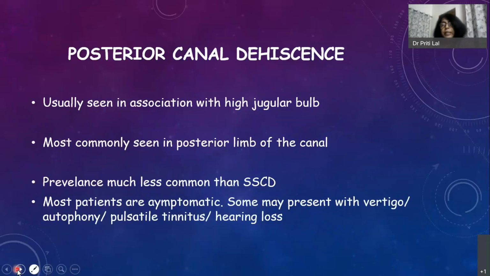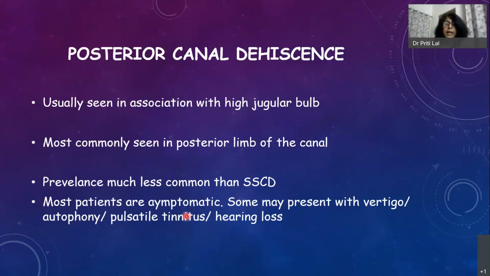So that was about superior canal dehiscence. Coming to posterior canal dehiscence, the prevalence of this is much lesser than that of superior semicircular canal dehiscence. This is most commonly seen in the posterior limb of the canal facing the posterior cranial fossa and is usually seen in association with a high jugular bulb.